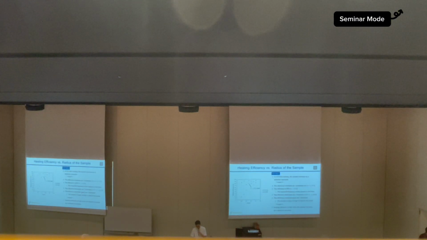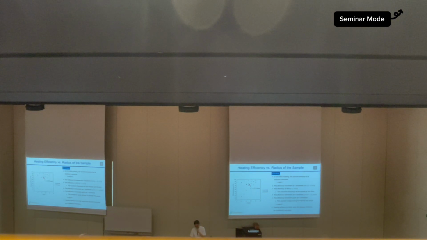So this is the result of the simulation: heating efficiency versus radius of the sample. When the input frequency is 915 MHz, the sample functions as a dielectric resonator, and the efficiency increases as R increases. When R equals 17.5 millimeters, the resonator functions as a CDR, and the efficiency becomes 80%.